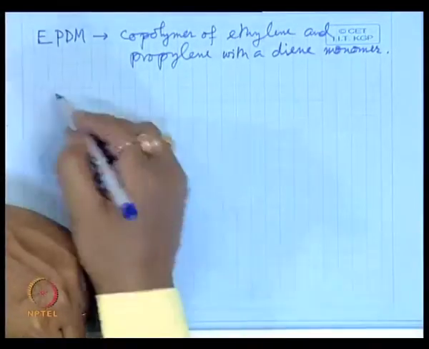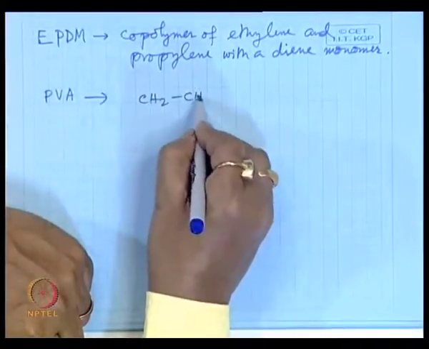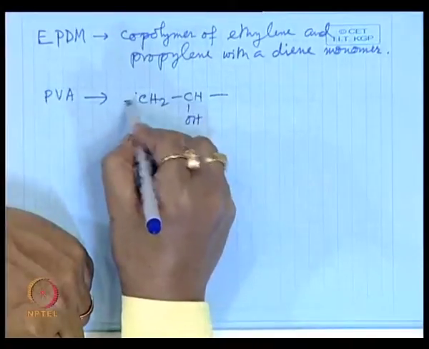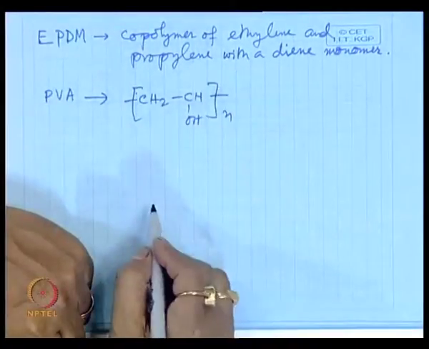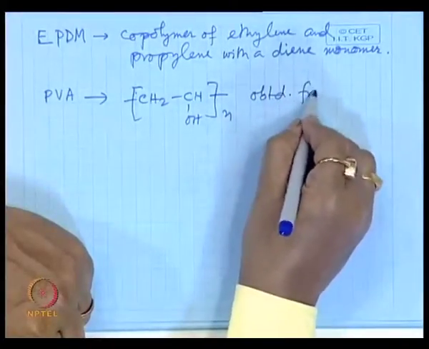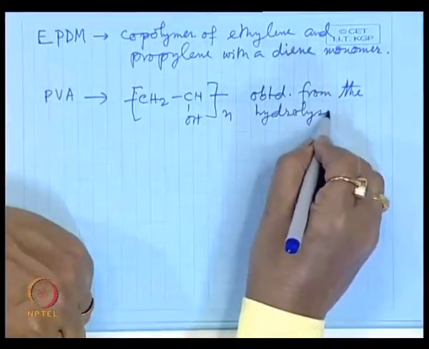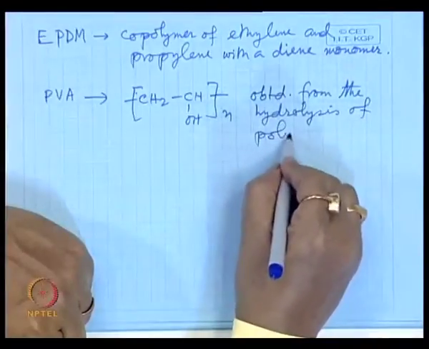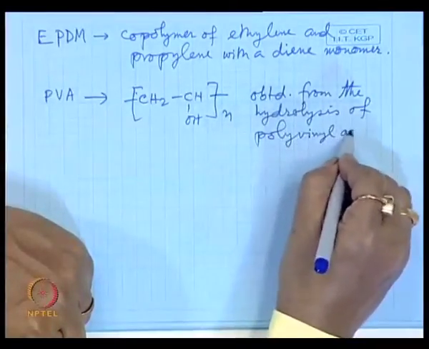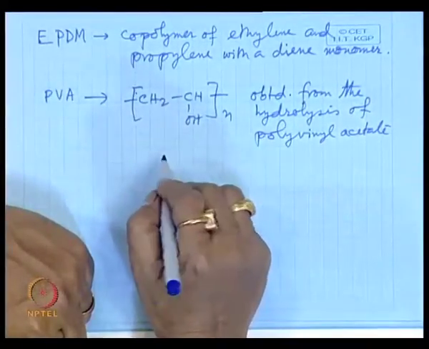Polyvinyl alcohol, it is obtained from, say 90% hydrolysis, 8 to 10% acid group remains in polyvinyl alcohol.